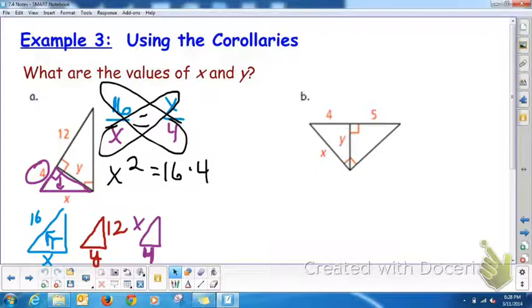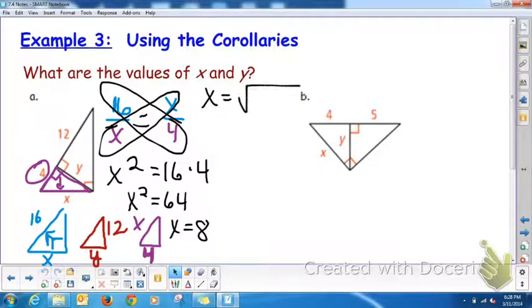Now you can multiply 16 times 4 and get 64. And you know the square root of 64 is 8. So x squared equals 64. So x equals 8. But you could have also moved that squared to the other side and said x is equal to the square root of 16 and 4.